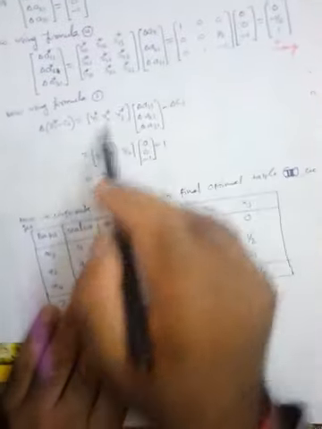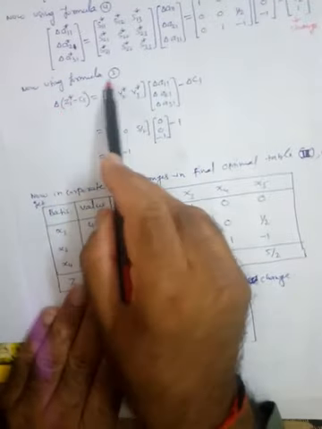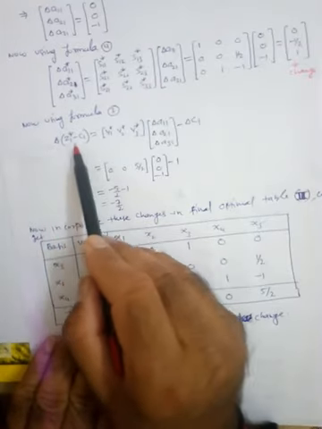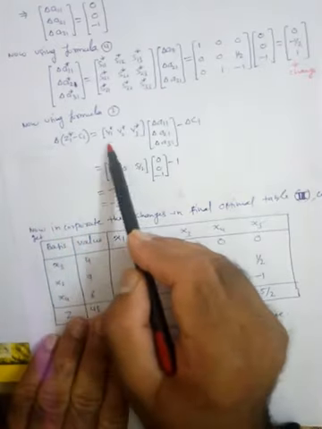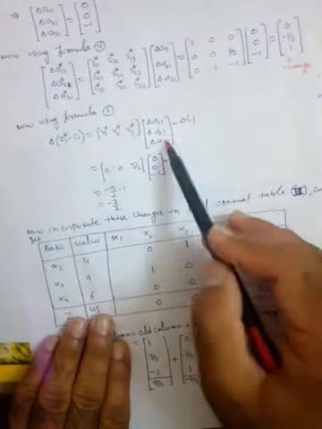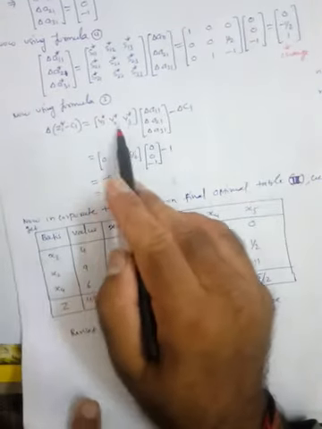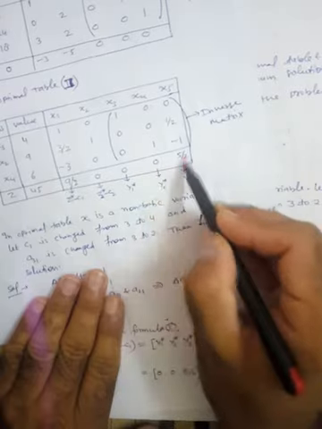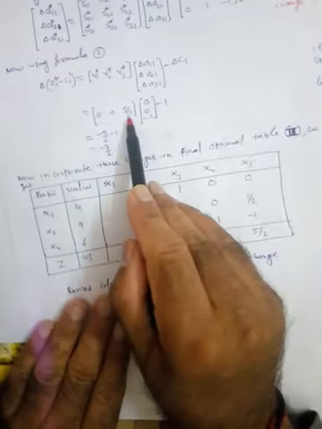Fine. Now similarly apply formula number 3. Here delta z1 star minus c1 is equal to y1 star, y2 star, y3 star multiplied by this column, minus delta c1. According to this table, y1 star, y2 star, y3 star is 0, 0, 5 by 2.